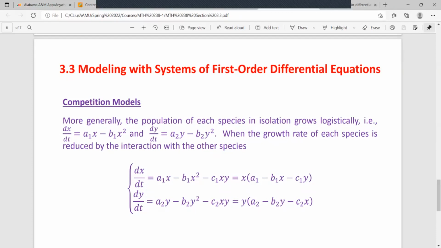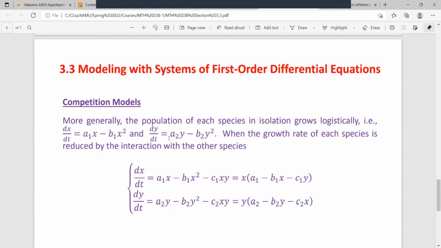Suppose we just consider the natural growth, reproduction, and the competition inside this population of individuals. They have some natural force provided by nature. But then you have another species, y. The population will also follow the logistic law: dy/dt = a2y - b2y².